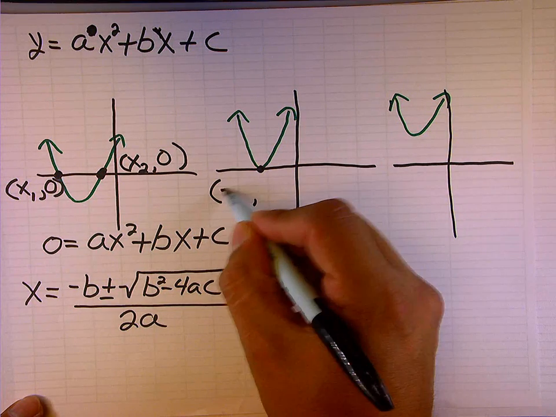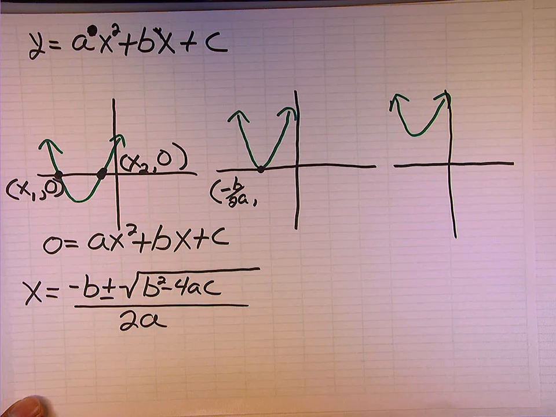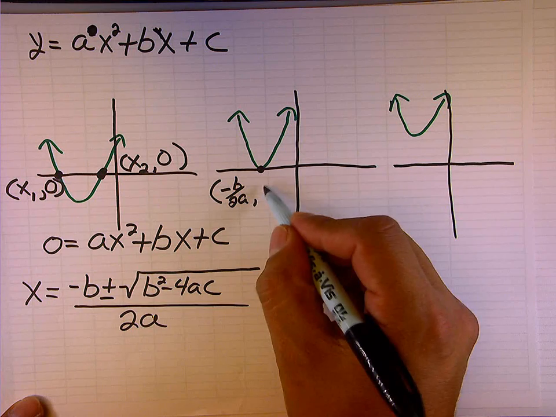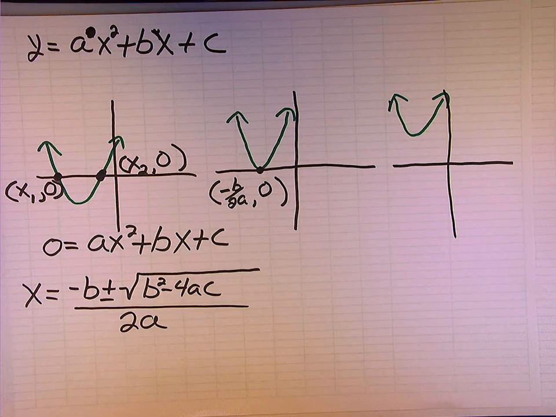The x value of the vertex is -b over 2a. The y value is, because my vertex is called (h, k), h is found by taking -b and dividing it by 2a. I already know what the y value is. If the y value is on the x-axis, the y value must be 0.